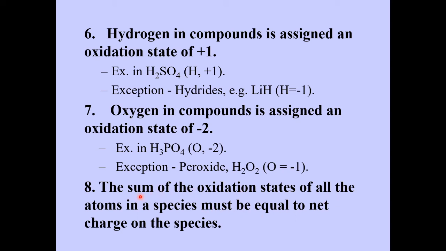So if we take all the oxidation numbers and we add them all up, then it should be equal to the charge on that species. Species is a word that I don't really like using here, but it's the technical definition. It's basically talking about the charge of the compound itself. Whatever the total charge of the compound is, the oxidation numbers of the individual elements within that compound should add up to that.